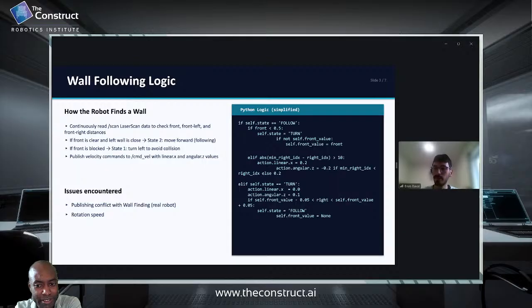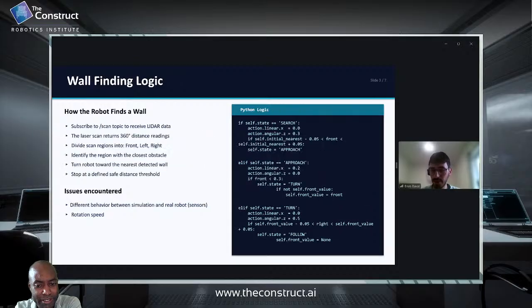It was keeping subscribing. I understand the question, because in fact even if the state was follow, I was creating the action with linear and angular at 0. So it was publishing 0 every time.